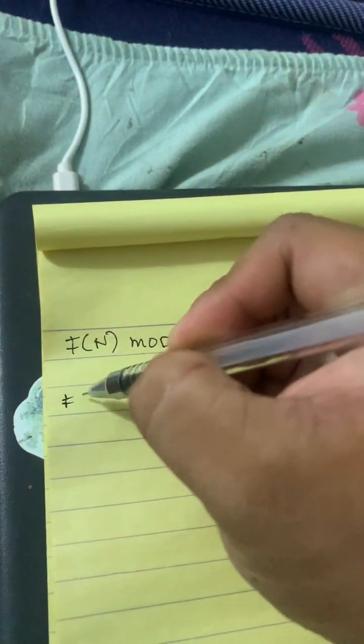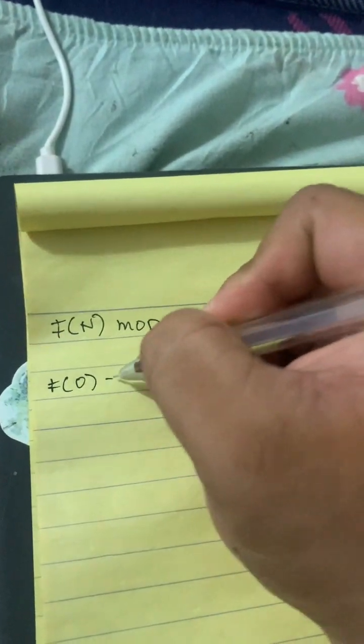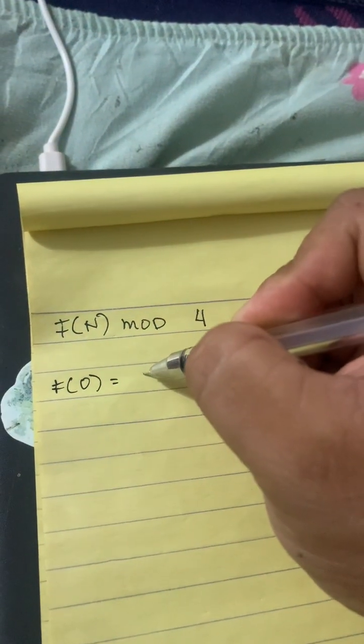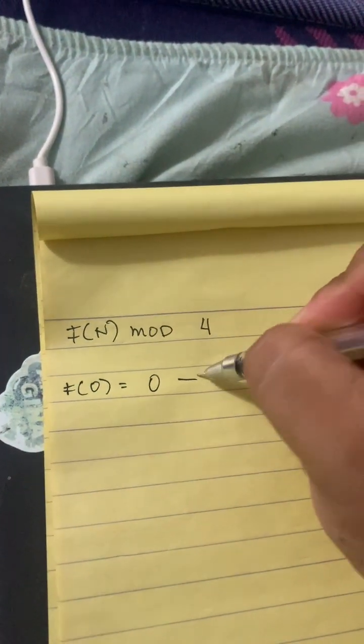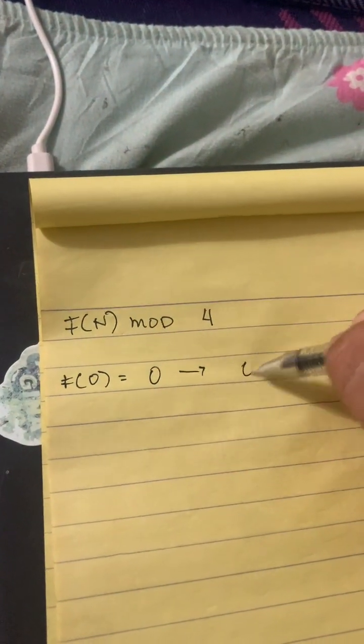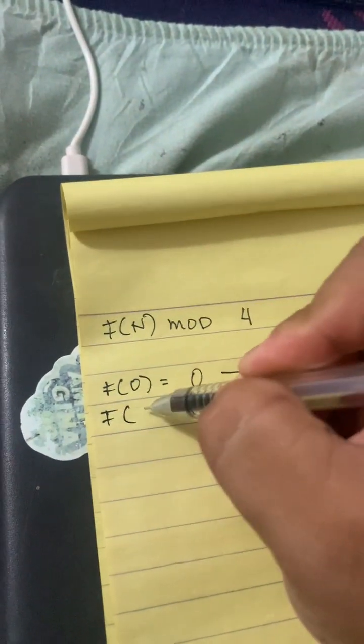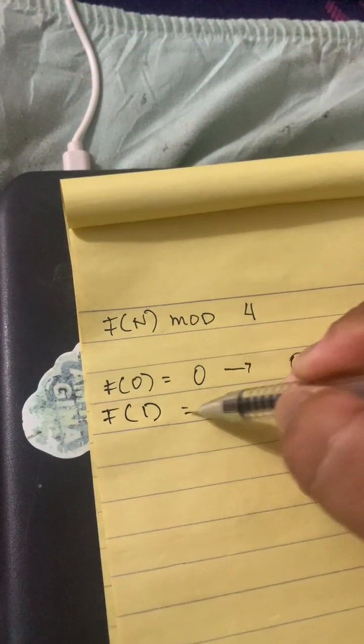So again, for every Fibonacci sequence, we must start from 0 and 1. So f sub 0 is equal to 0, and for the sequence this is 0, and then f sub 1 is equal to 1.